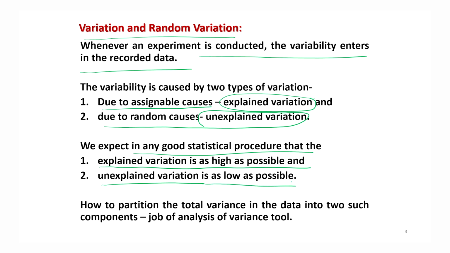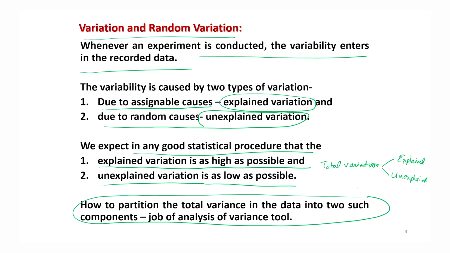So if I can partition the total variation into two parts, one due to the explained factors and another due to the unexplained factors, then possibly we can get an idea about whether they are going to provide us a good decision or bad decision. So the next question is how to partition the total variance in the data into two such components. This is the job of the analysis of variance tool, and this is achieved through the analysis of variance.